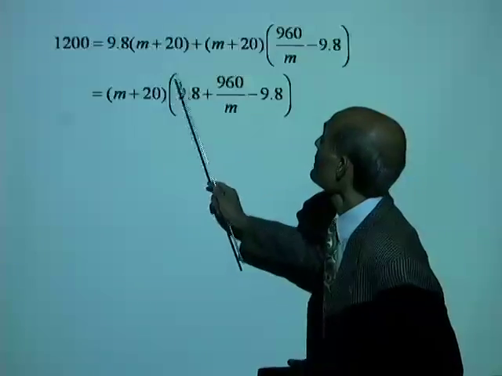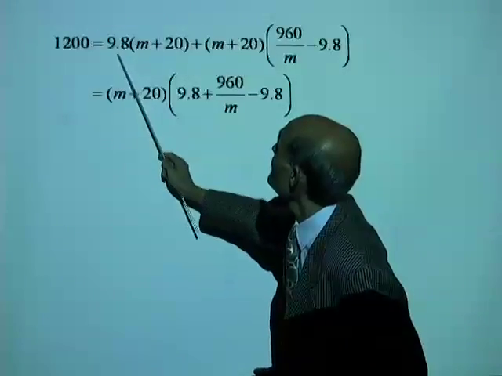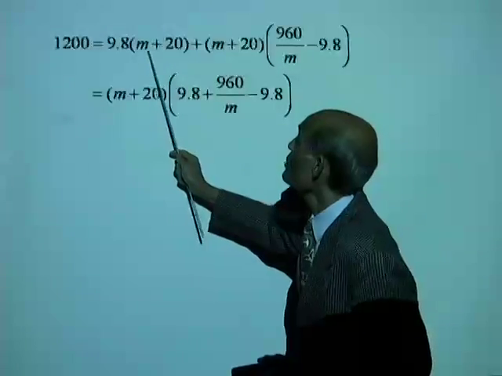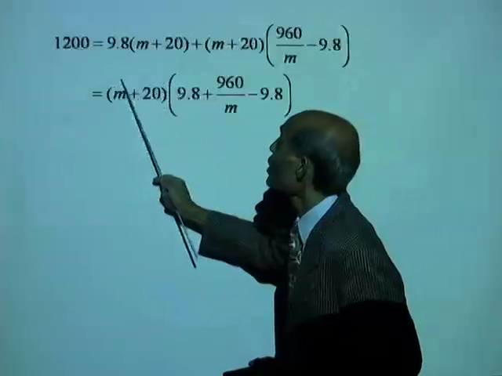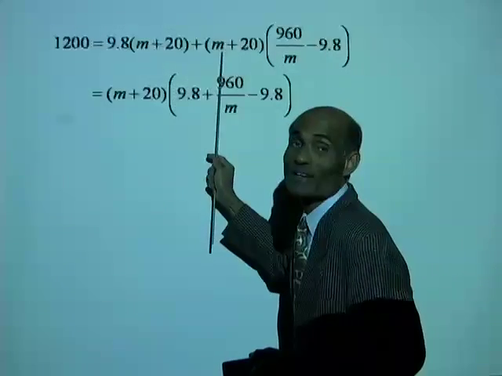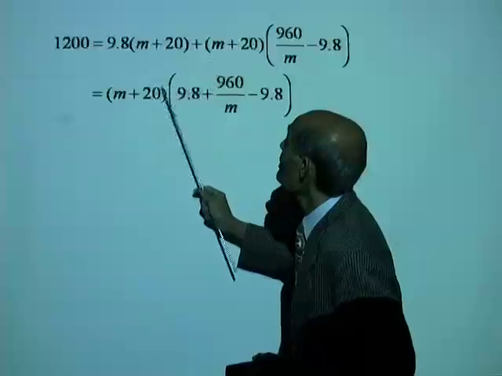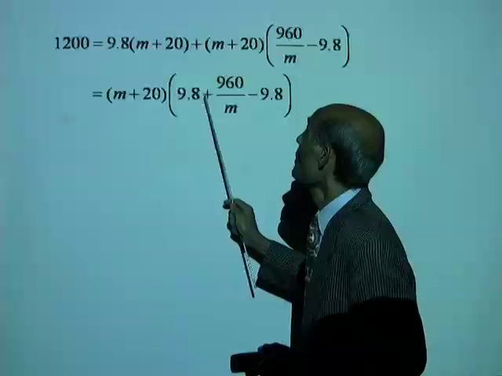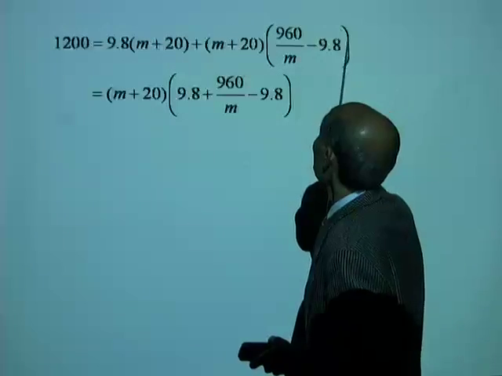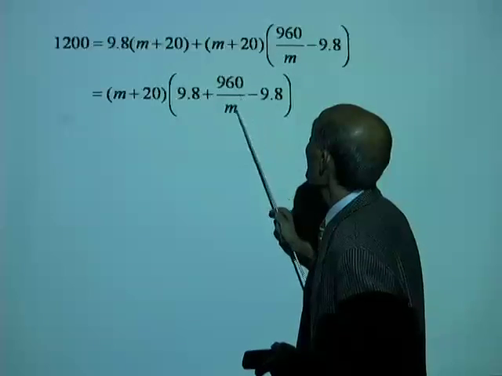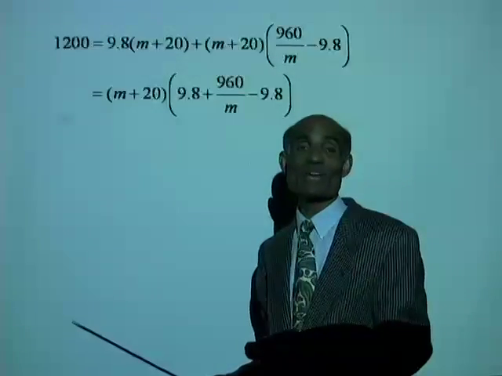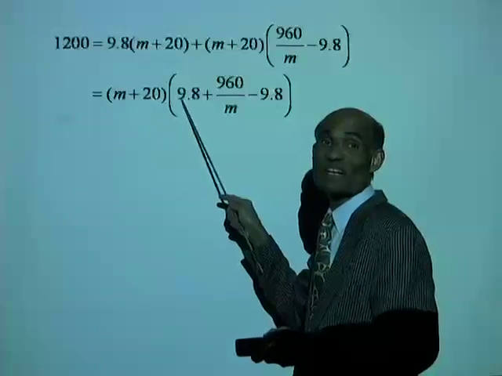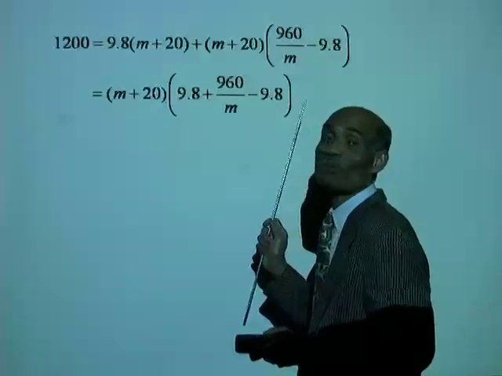That will be 1200 equal to, what I have done here is, if you want to watch there, I took m plus 20 as the common factor. You understand that? If you put m plus 20 as the common factor, what is left in here will be 9.8, plus what is left here is 960 over m minus 9.8. You see, that is a neat way to do that, because you notice that inside here 9.8 minus 9.8 will cancel.